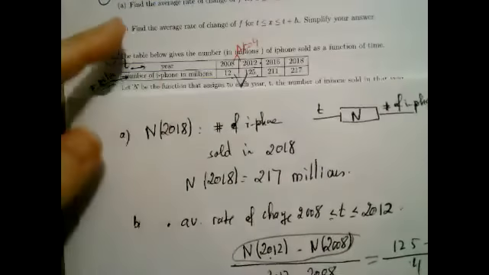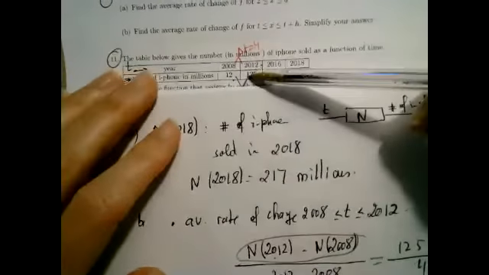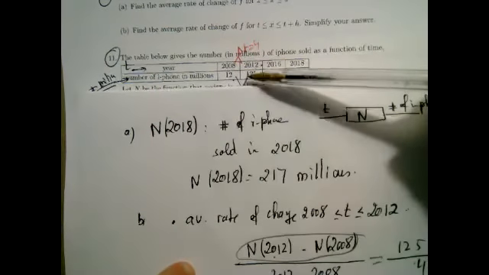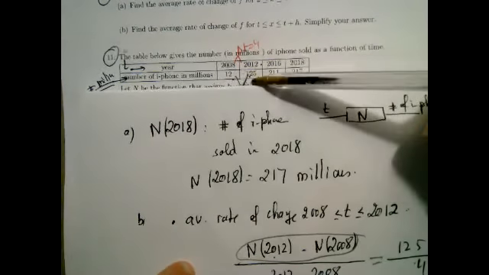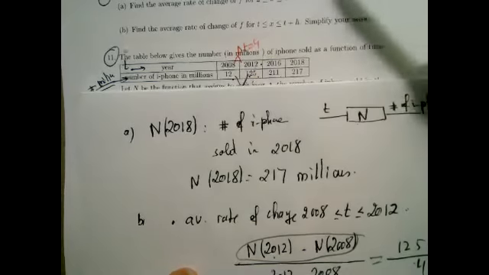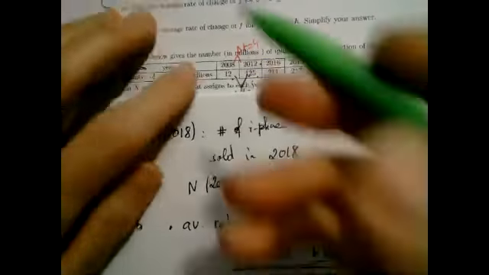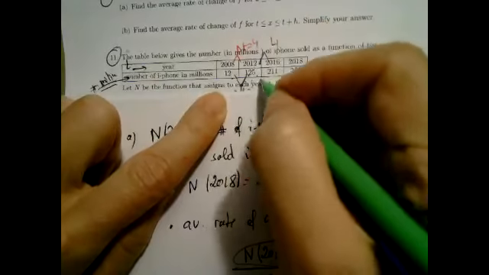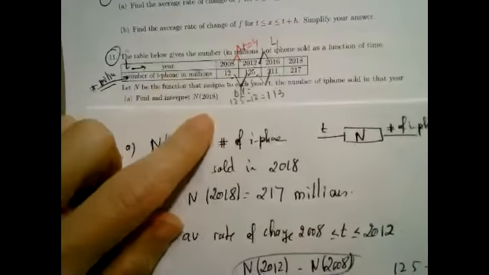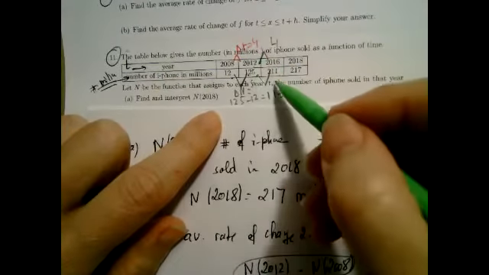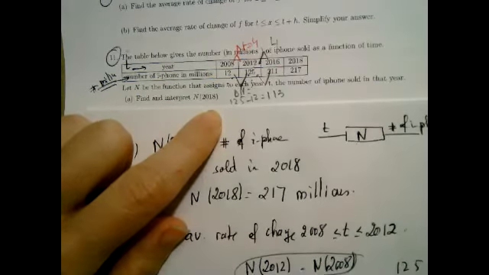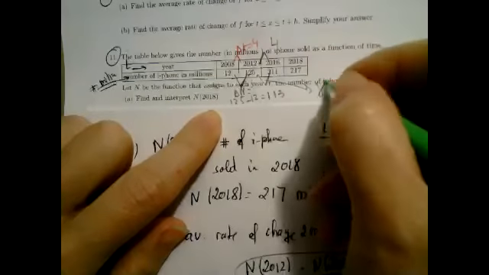Is this increase a constant one? I mean, is it increasing exactly 28.25? The answer is no. First of all, nobody's told you it's linear, so the increase is not the same. It's actually changing. And the table shows us that between 12 and 16, the change is actually getting less, because if you take 211 and you take away 125, you get 86 million.